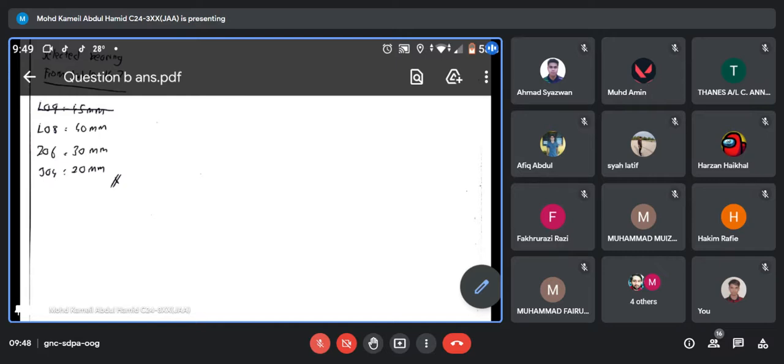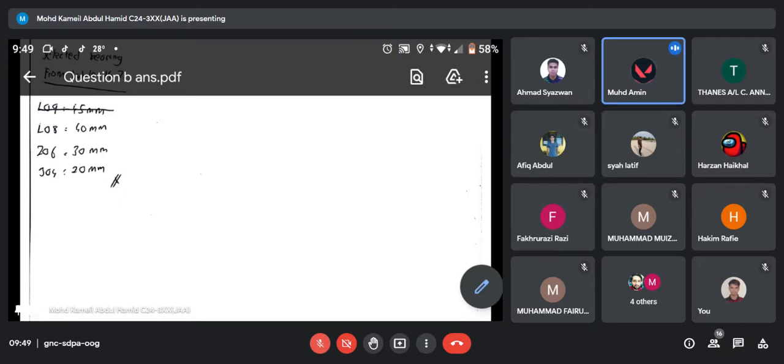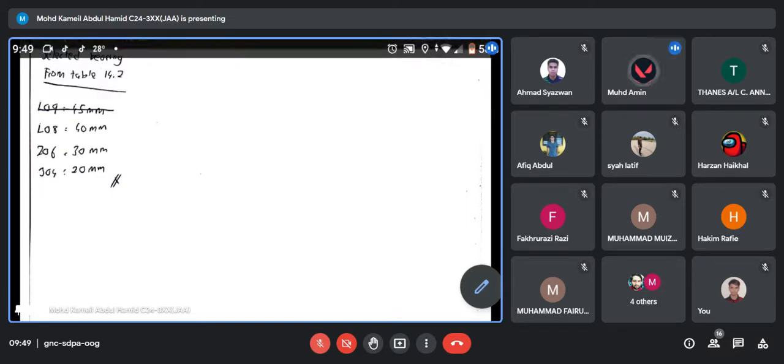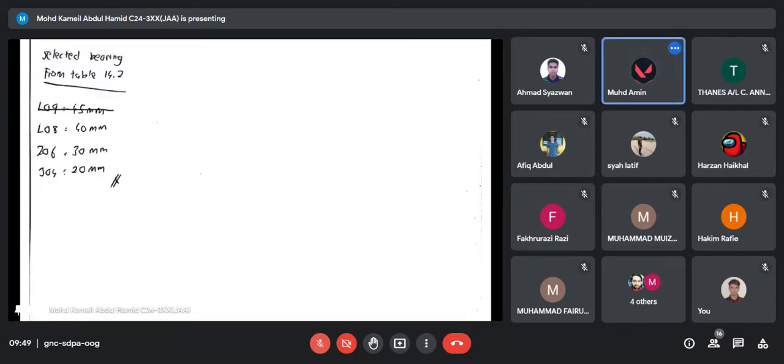So comparing the 3, you should understand that you have to select the 304 series, because that is the series that has the DS value less than 30. You tak boleh ambil the bigger value, because dia tak muat dalam shaft tu, and the loading akan lari.